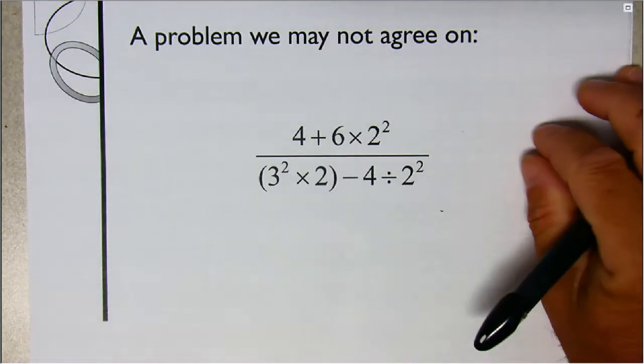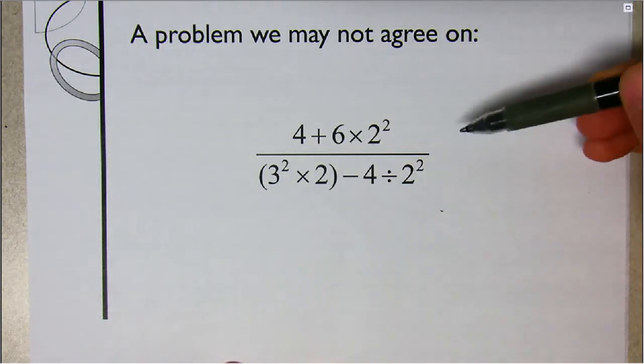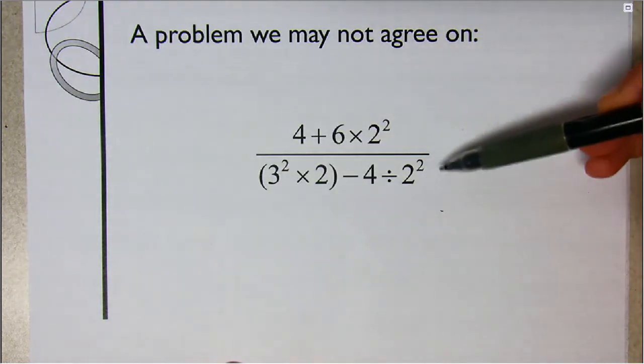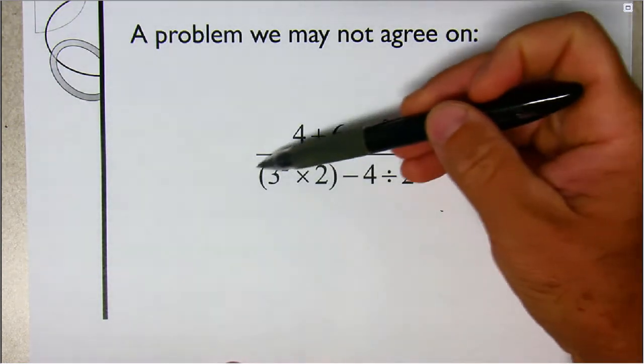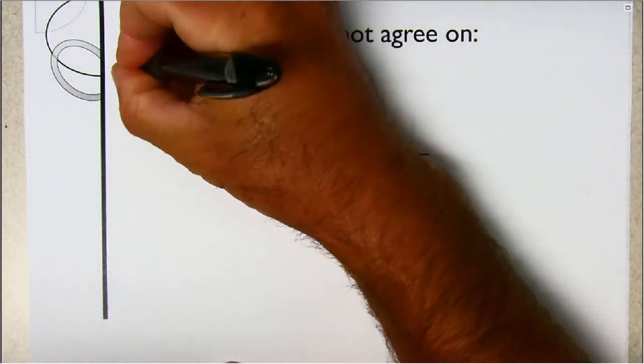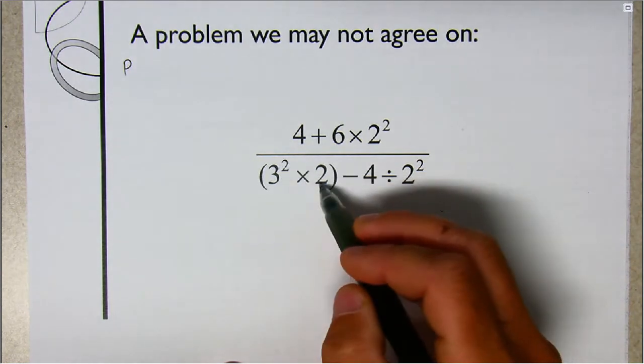Okay, as we look at this expression, this is something that we might not agree on, but we want to get to the point where we do all agree. So if we look at this fraction, what's the first thing that your eyes are drawn to? Well, right down here we have parentheses, so we need to take care of the P part of this expression. So we need to figure out what 3 squared times 2 is.